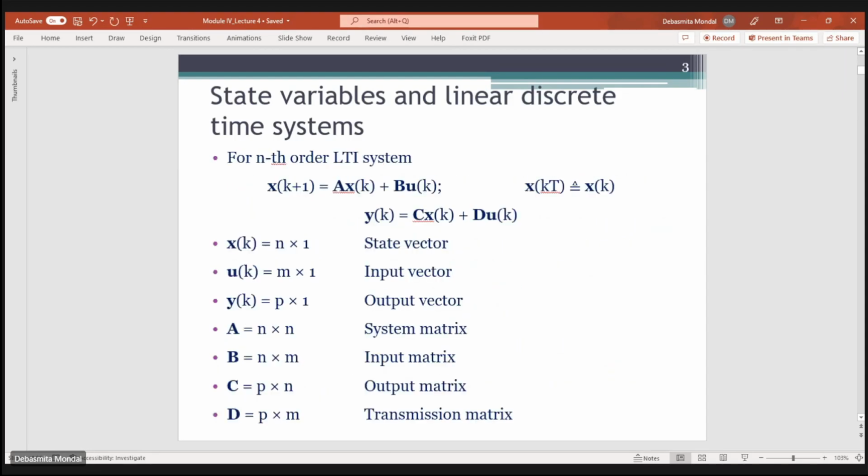Okay. So now let's write, if you have an nth order linear time invariant system, we can simply write the state equations like x(k+1) equals A multiplied by x(k) plus B into u(k). We have defined x of kT.